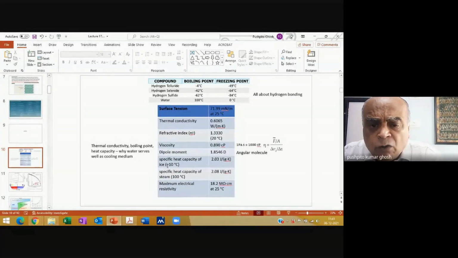So if you look at all the things where heat exchange is so important, the specific heat is very important, and the thermal conductivity of water is extremely important.